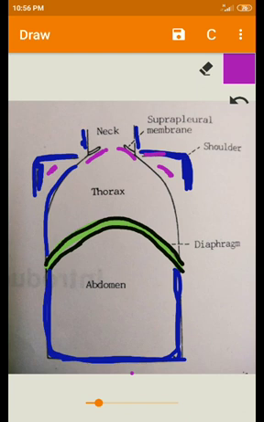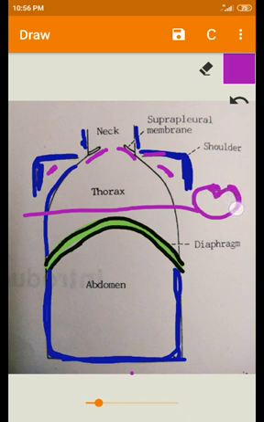This is about the shape of the thorax. If you cut a transverse section of the thorax, it is in the form of a bean shape. Here we have the thoracic vertebrae, through which the ribs are coming, and here you have the sternum.